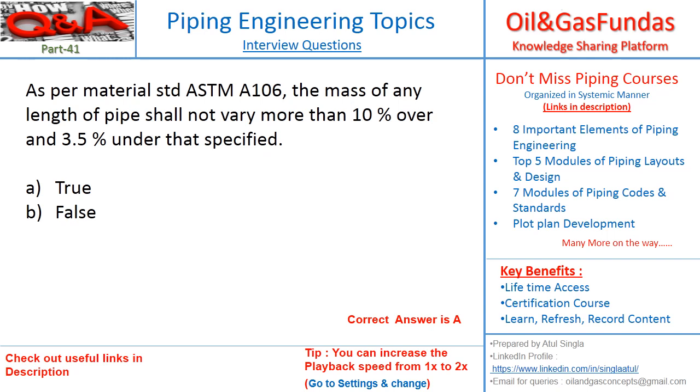So there are a few variations which are acceptable as per ASTM standards. So this is one of those clauses. The mass cannot be more than 10% over but cannot be less than 3.5% under. So this we have to remember. This statement is correct.